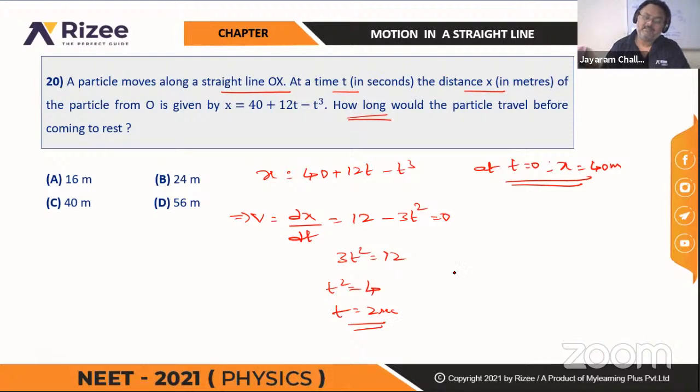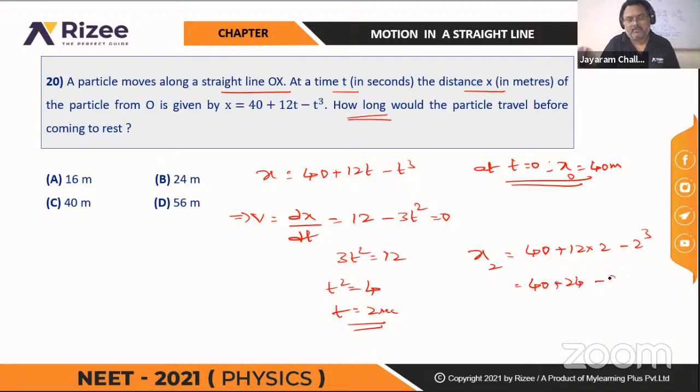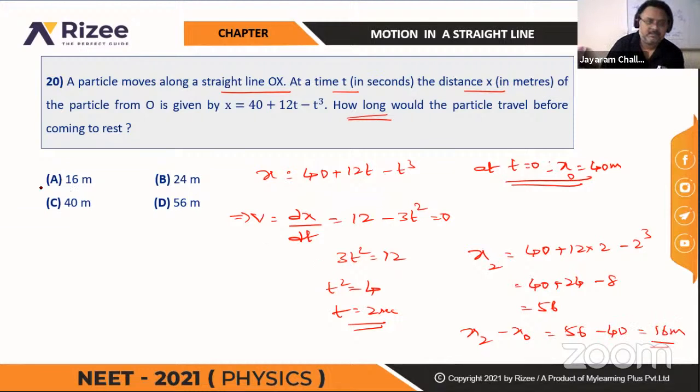So at this time, what is the x value? x at 2 seconds is 40 plus 12 into 2 minus 2 cube, which is 40 plus 24 minus 8. That comes out to be 56. That means it has traveled a distance of x at 2 seconds minus x at 0, which is 56 minus 40. It has traveled only 16 meters. So this is our answer.